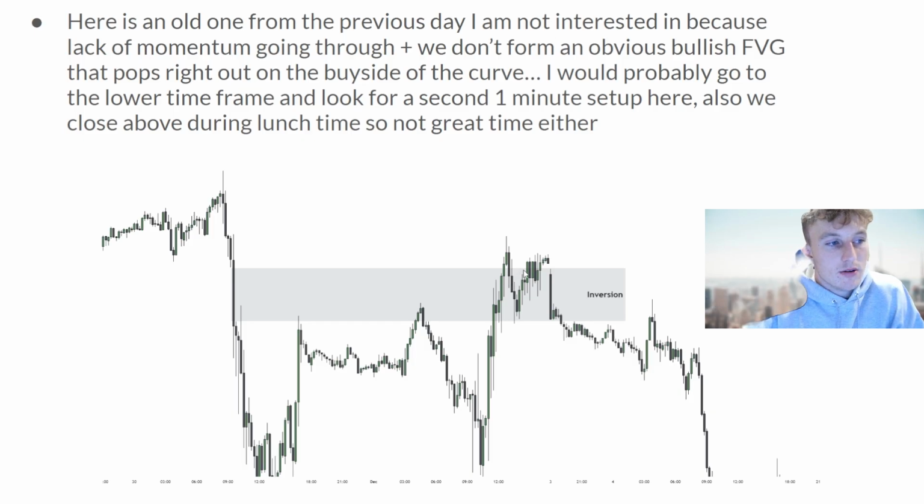I would probably go to the lower time frame and look for a 1 minute setup off this. I think this was actually an hourly or 15-minute, but I would go for a 1 minute setup and look for a confirmation setup here. And also, the close is during lunch, so not a great price action either, which is outside of the kill zone, as you guys know, which is not a great time to trade.